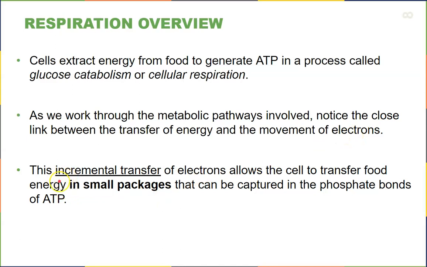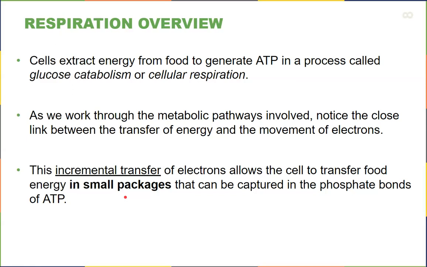Now, again, we only have a small incremental transfer from 4 different steps, 4 major steps in cellular respiration so that we can collect energy in small packages. If we did it all at one time, number one, we wouldn't get all the energy that we could get.